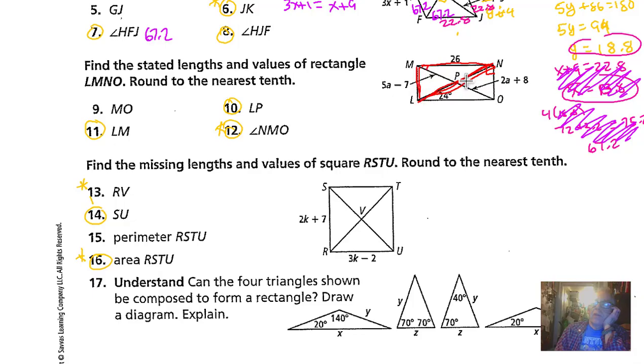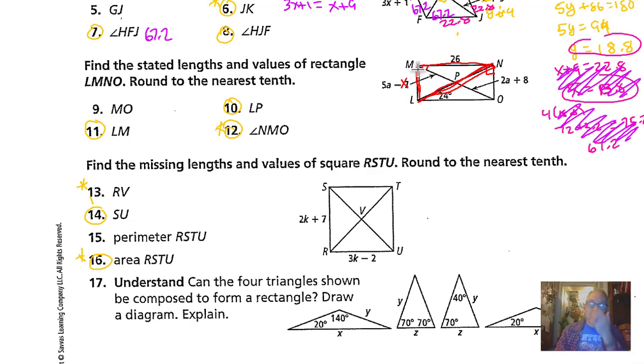Since the diagonals are congruent, LN is going to give whatever that number is. That's a hypotenuse. And then we have a leg of the triangle, which is 26. And this LM side that we need to find, we'll call X. Basically we're going to do A squared plus B squared is C squared. Once we find out what the C part is, then we can finish it up.